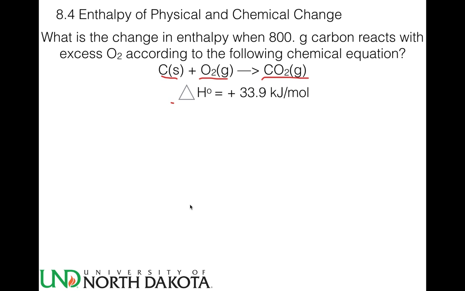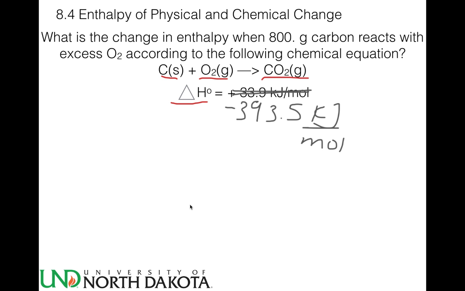We're given the standard change in enthalpy for this reaction of plus 33.9 kilojoules per mole. Oops, this was the value I carried over from the last thing. Looking at my notes here, it should be negative 393.5 kilojoules per mole.